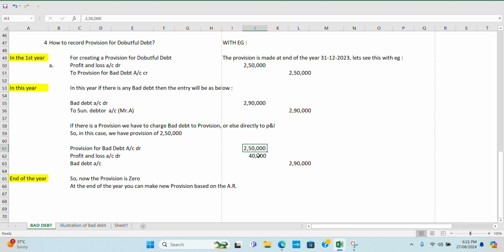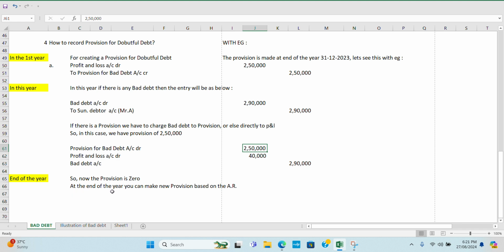So 250,000 plus 40,000 is 290,000. The treatment for this provision for doubtful debt is done by the end of the year. So now the provision is zero, right? This has been credited and this has been debited, so the provision is zero.